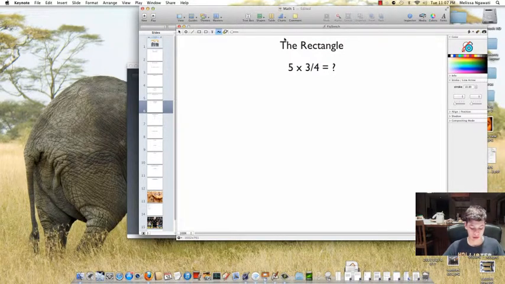So we need to draw a rectangle that is 5 units wide and has a height of 1 unit. So let's do that now.